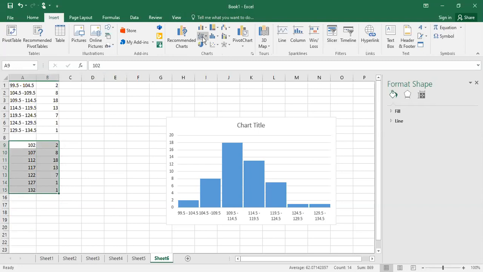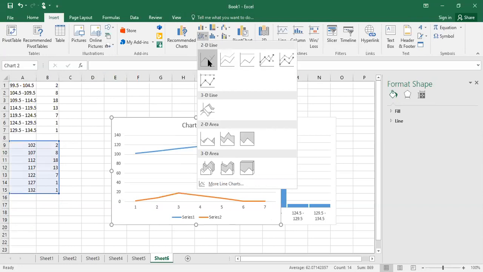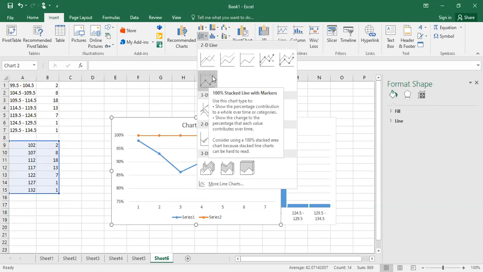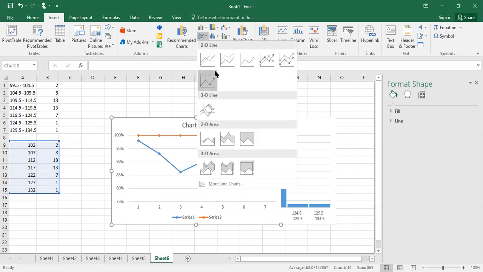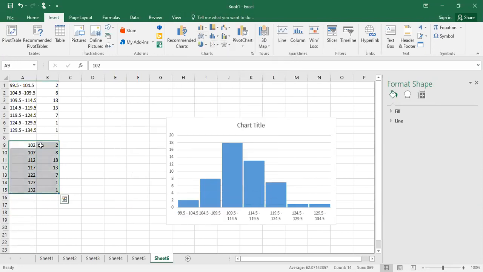And these are the frequency polygons. So I will choose one that will correspond to what I need. I'm sorry. Before I do that, I will make a fake point to identify 0 so that the polygon connects to the x-axis.